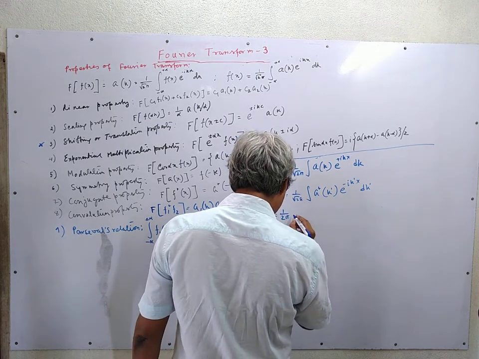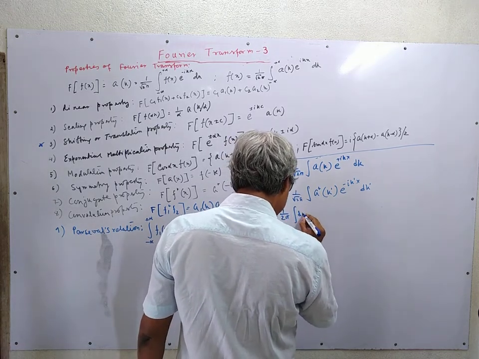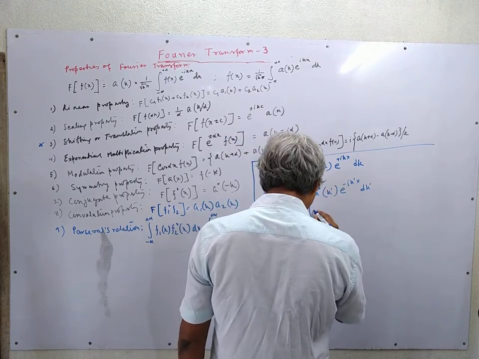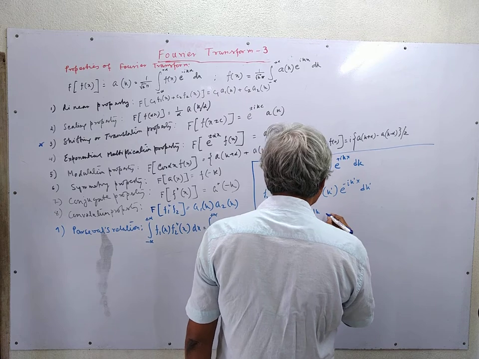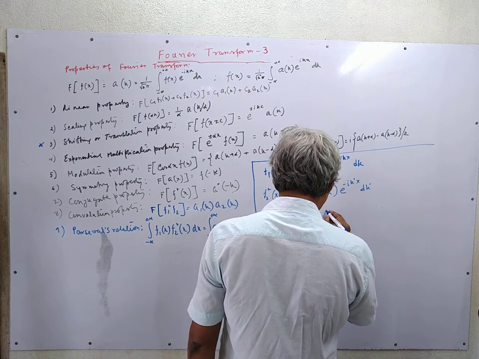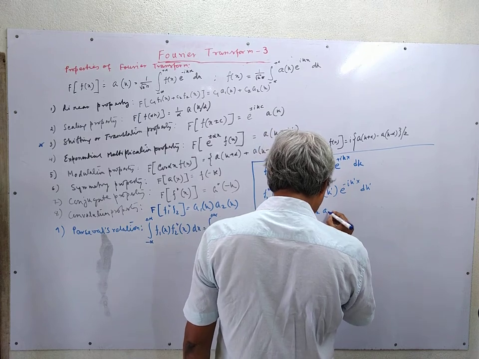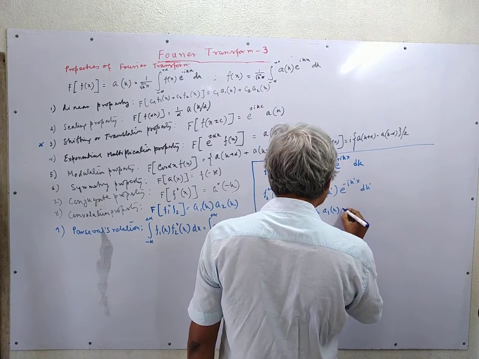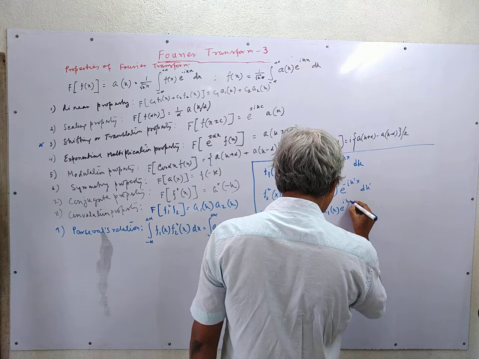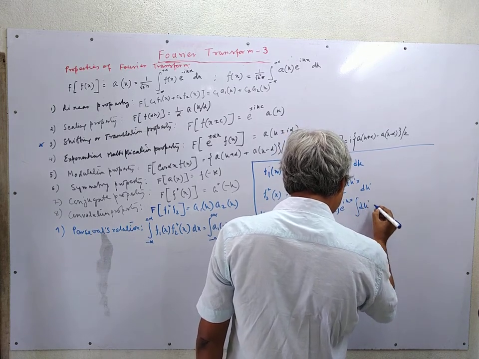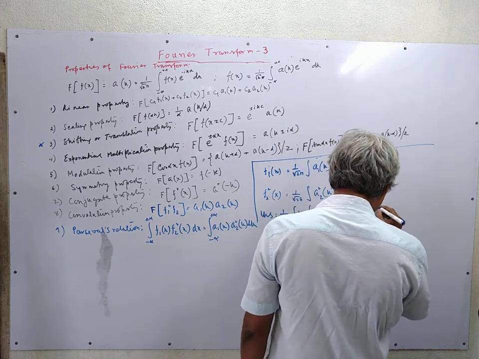So this is 1 upon 2 pi, integration over dx, integration over dk. Sorry, it is a1, this is a2. Integration over dk prime.